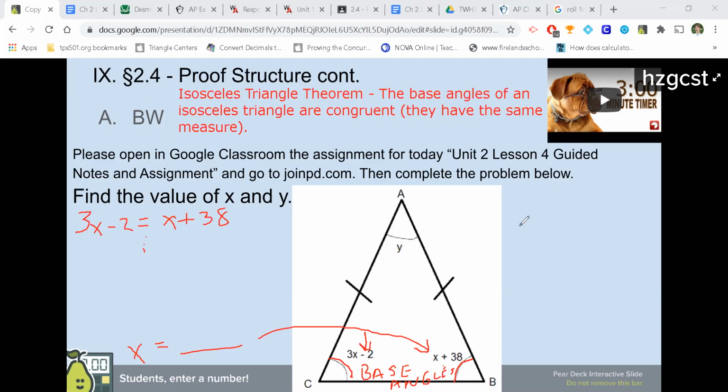And then once you have what the actual angles are, you can find y, because the three angles of a triangle have to add up to a certain number. And if I know what these two are, then I know what y has to be.